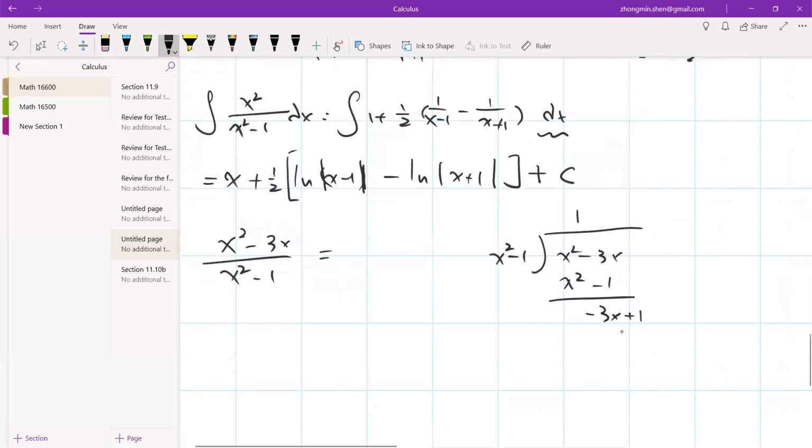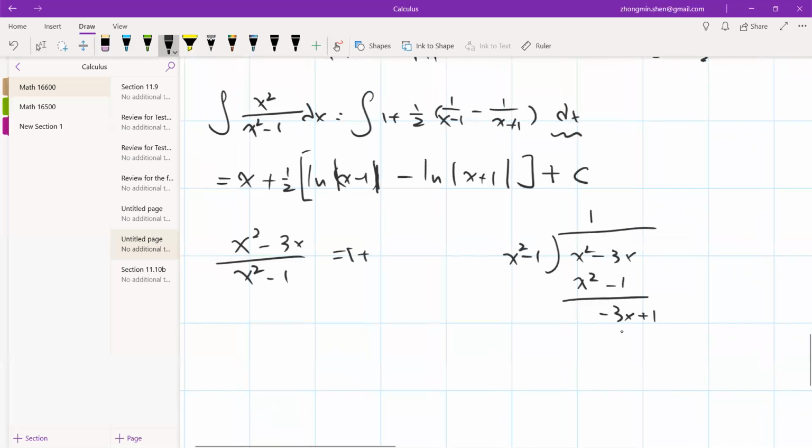So the remainder is negative 3x plus 1. So your answer will be 1 plus negative 3x plus 1 over x squared minus 1. Then the degree of the numerator is smaller than the degree of the denominator, so you can decompose it in this form.